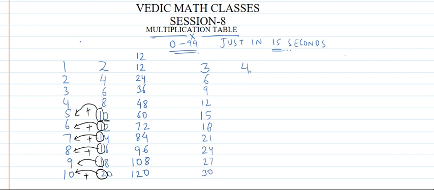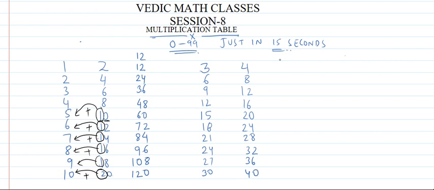Likewise, 4 1s are 4, 4 2s are 8, 4 3s are 12, 4 4s are 16, 4 5s are 20, 4 6s are 24, 4 7s are 28, 4 8s are 32, 4 9s are 36, and 4 10s are 40.